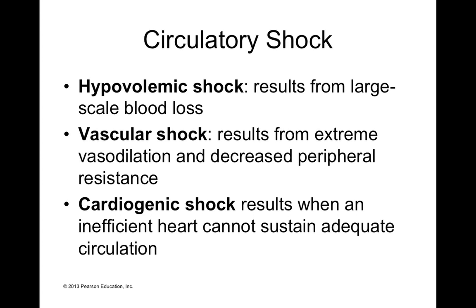There's also one called neurogenic shock, which is due to damage to the brainstem, where you lose that sympathetic tone and your blood vessels just vasodilate because now you don't have the sympathetic nervous system to stimulate constriction of those vessels, okay? Now, cardiogenic shock results when you have insufficient cardiac output. So you can imagine there's a variety of things that could cause cardiogenic shock, but it's basically where your cardiac output's too low to support normal metabolism in your body.